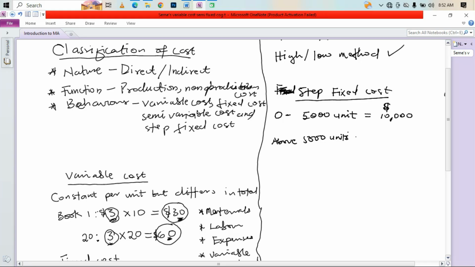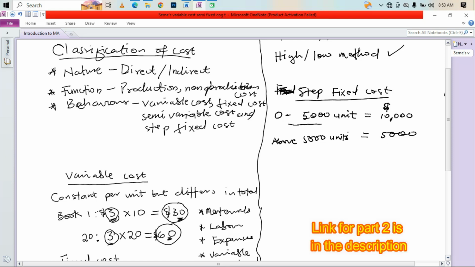If we produce more than 5,000 units, that means we need an additional warehouse to store our finished goods. Maybe the additional warehouse that we are going to get is going to cost us 5,000. So this is a step fixed cost. A step fixed cost occurs when we are out of range. So if this is the range that we are producing, the production range is what?